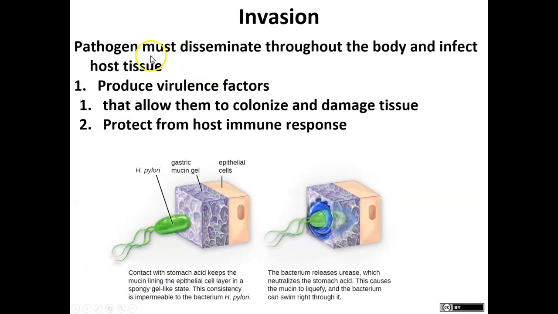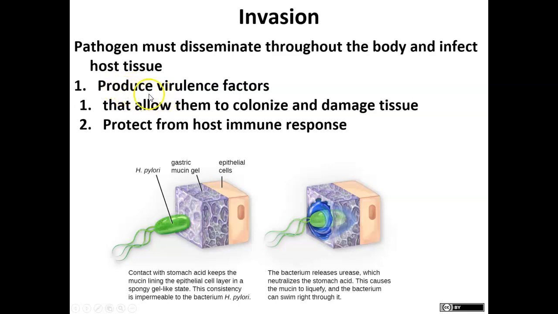So pathogens, once they have adhered and are able to produce lots of cells, are then going to have to invade the body, move throughout the body and infect the tissue cells.